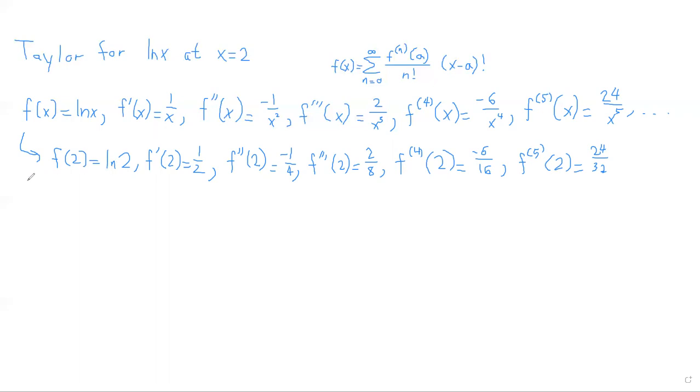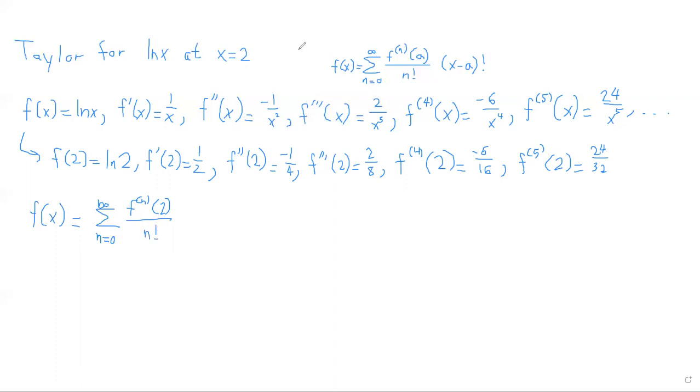Okay, so here we go. We have this prepared, and now we're just going to expand this formula with the Taylor series. So f of x is equal to the sum of f^(n) of a, where a is 2 in this case, so x equals 2, over n factorial.